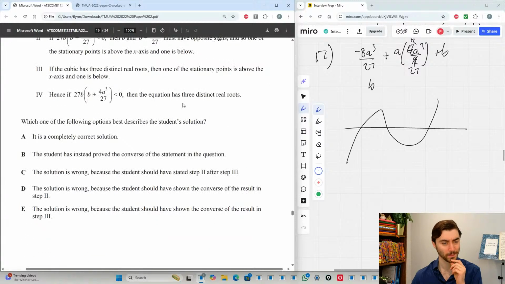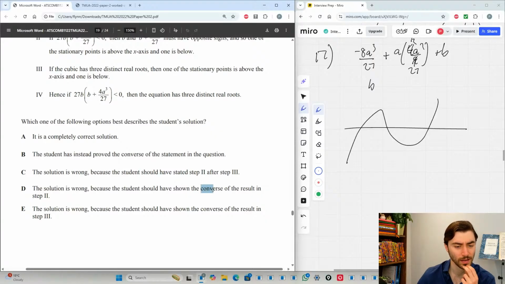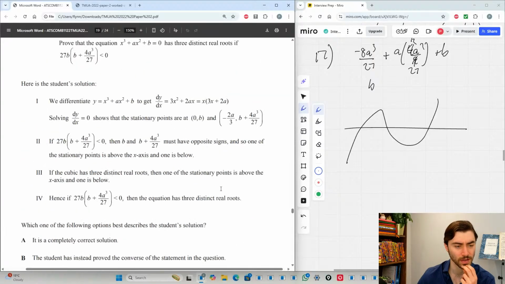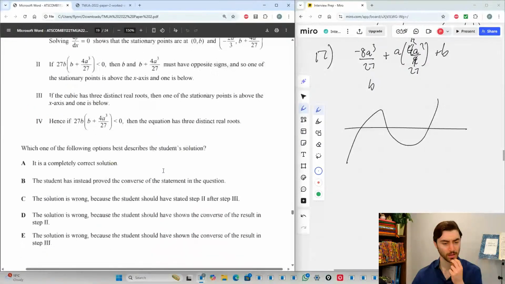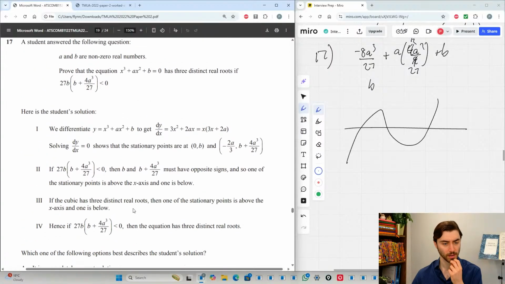I like it. But let me consider this. The converse of the result in step 2. So should they have shown that if this, then that? I don't think so, because that should be going forward from there. The converse of the result in step 3.